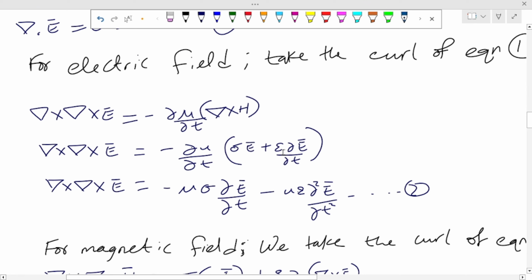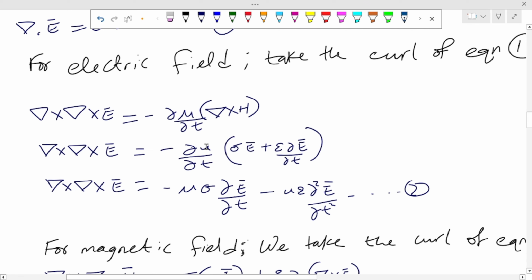So you just open the brackets here. This multiplied by this: conductivity multiplied by electric field multiplied by this will give you all this. Mu, which is permeability, conductivity, electric field, partial this. Now of course, when this minus sign multiplies this sign, it becomes minus also.